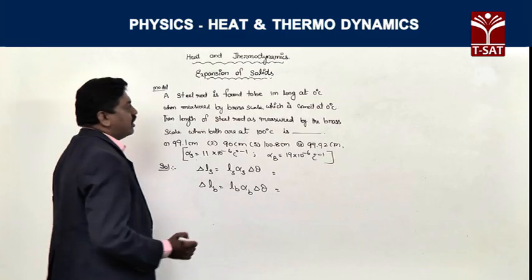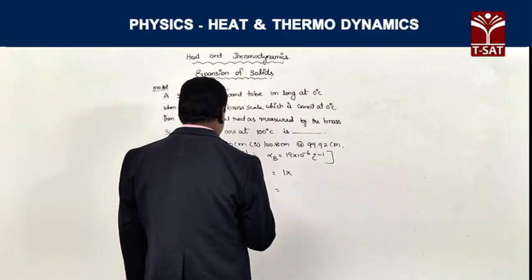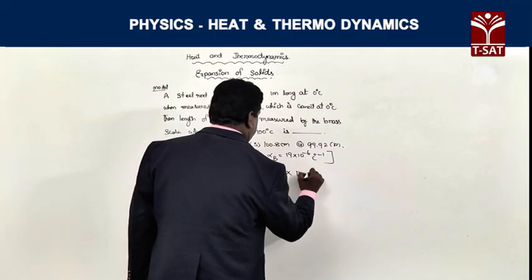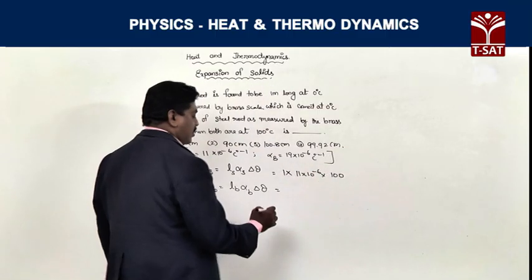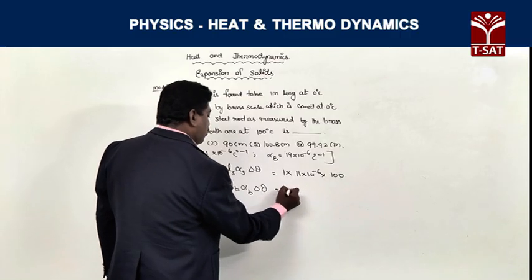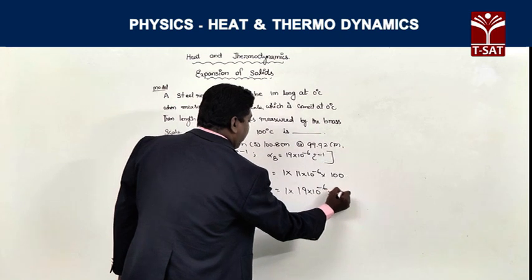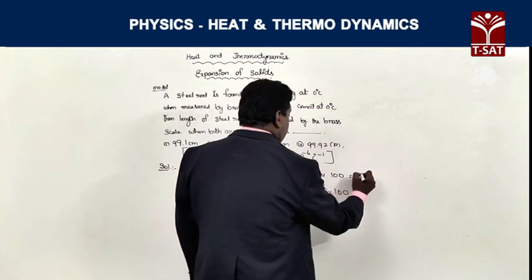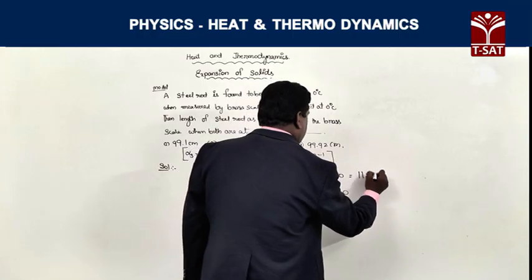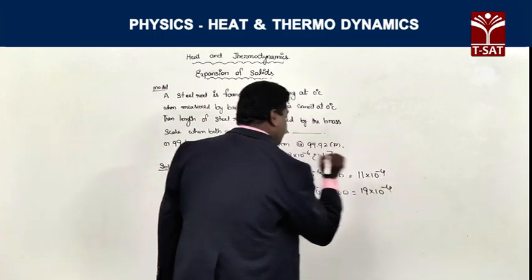Substituting the values, we have 1 into 11 into 10 to the power of minus 6 into the change in temperature, which is 100. Similarly, 1 into 19 into 10 to the power of minus 6 into 100. From this we get 11 into 10 to the power of minus 4 and 19 into 10 to the power of minus 4.